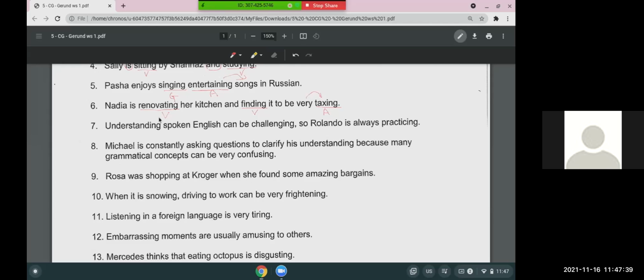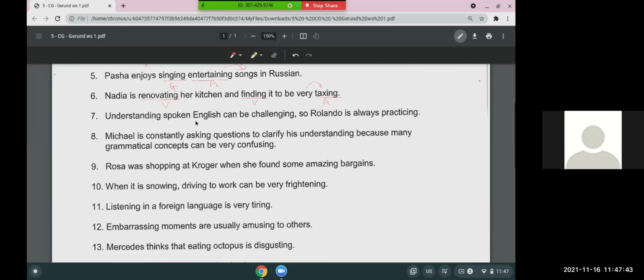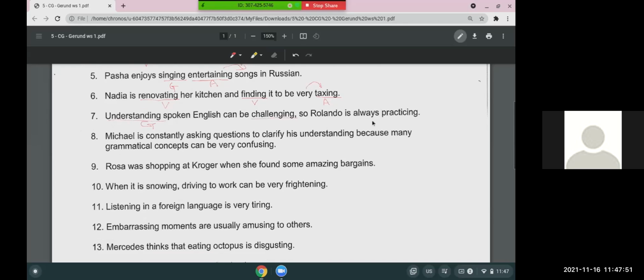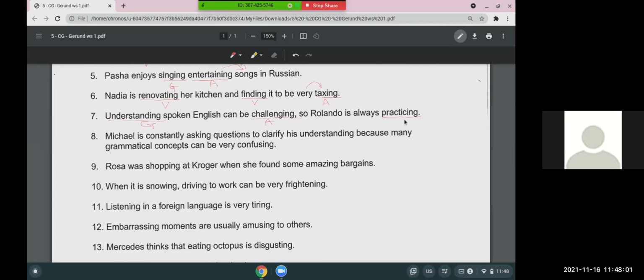Understanding spoken, understanding speaking. Understanding, that's the gerund, first one. Understanding challenging can be. Verb. This, adjective. Can be challenging, adjective. Is always.